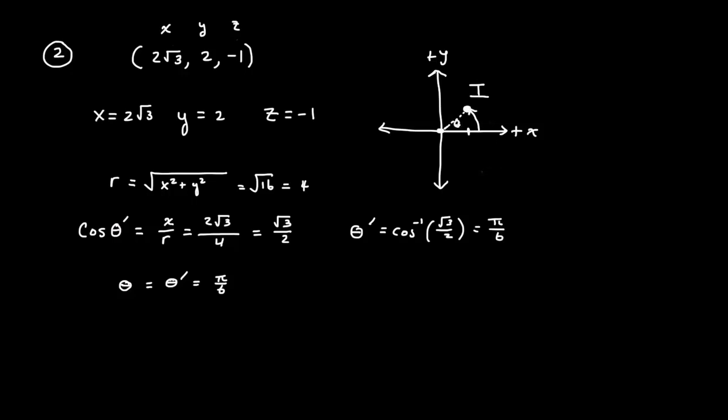And you'll see in the next example why that is an important thing to at least consider. So just to summarize, x, y, z is going to convert to 4 as r, pi over 6 as theta, and -1 as z. r, theta, z.